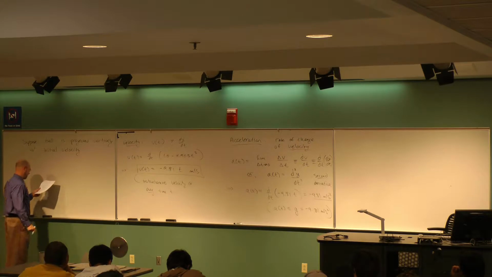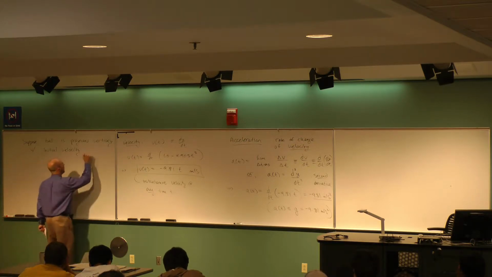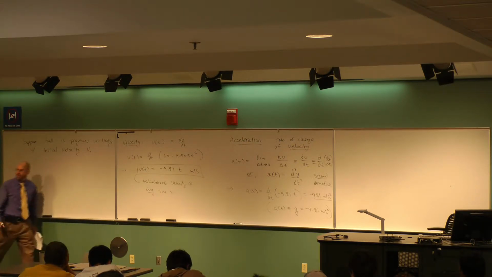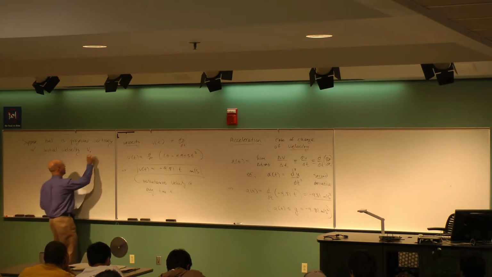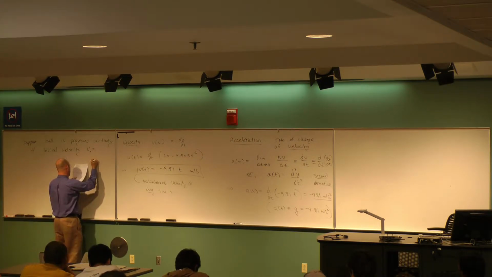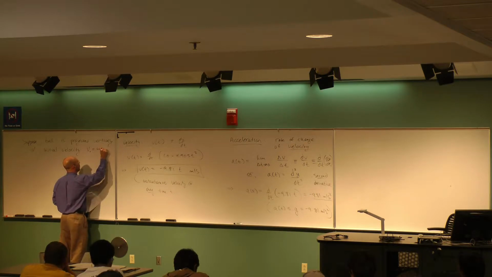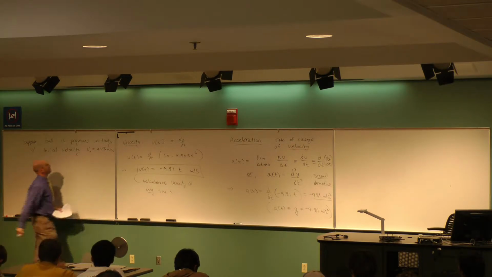The initial velocity I'm going to call v naught. Remember, anytime I put a little 0, it just means initial. V naught is equal to, let's use this, 4.43 meters per second.